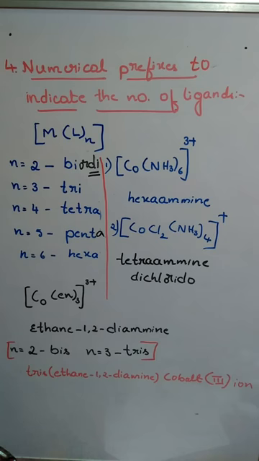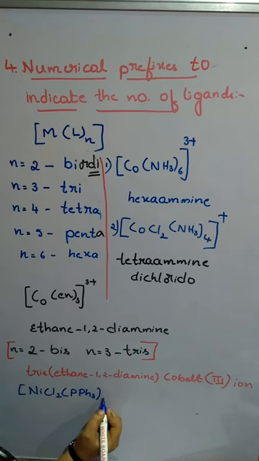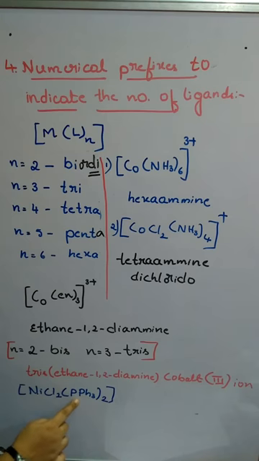For one more example, we'll take NiCl2(PPh3)2. This is the complex. It is a neutral complex, and the ligand PPh3 is neutral.